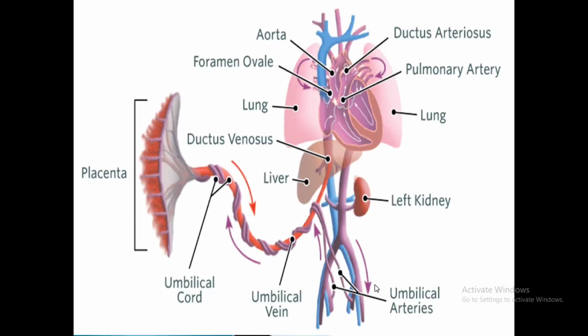Now, how does the fetal circulatory system work? Here I give you a brief overview regarding our topic. Actually, what happens is that during pregnancy, the fetal circulatory system works differently than after birth. The fetus is connected by the umbilical cord to the placenta, as we have discussed before.